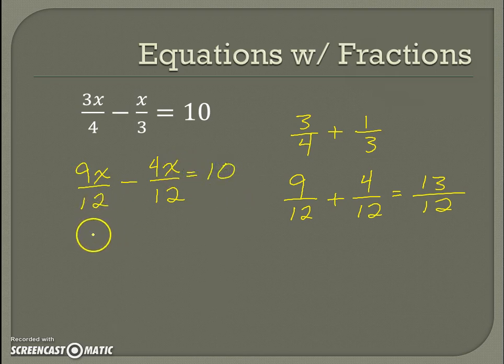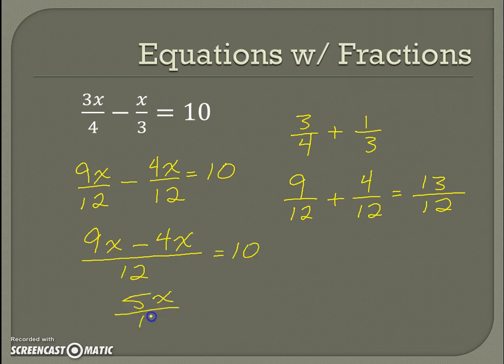And then when you get the same denominator, you do whatever the operation is with your numerators. In other words, it's 9x minus 4x over 12 equals 10. So I subtract those and I get 5x divided by 12 equals 10.